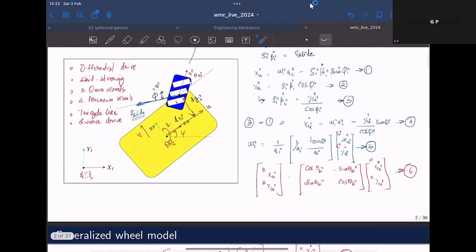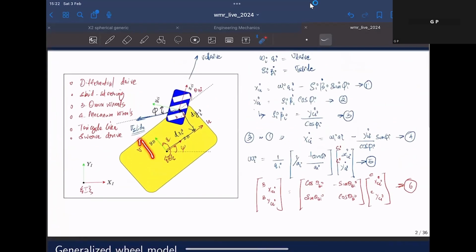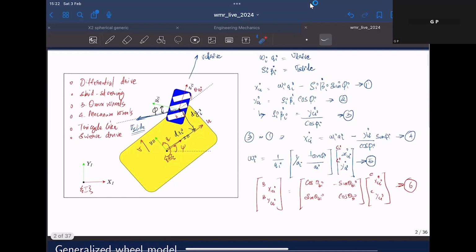Then what about the y component? The y component would be v, plus there will be another component due to this offset dxi multiplied by angular velocity r. That will be along this direction, so both of them could be added. The total linear velocity along the yi direction would be v plus r dx, the angular velocity times this distance dx.